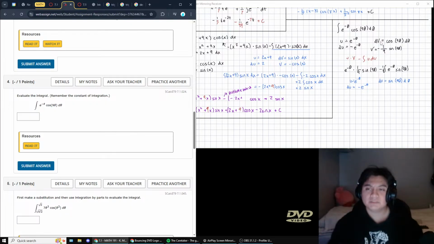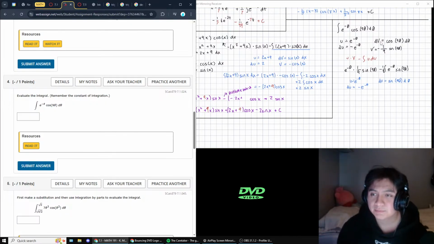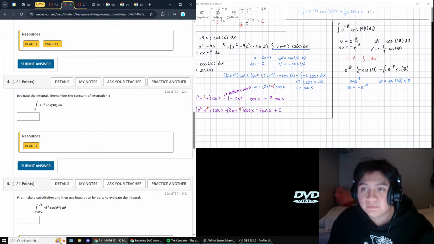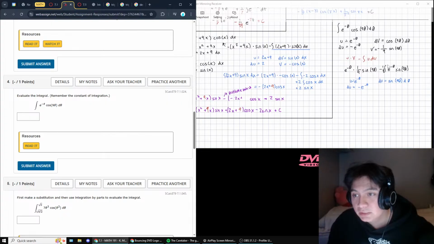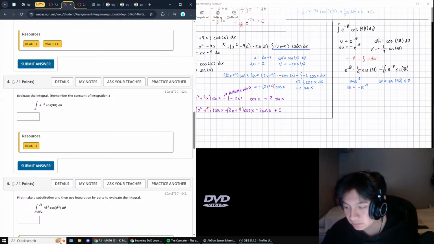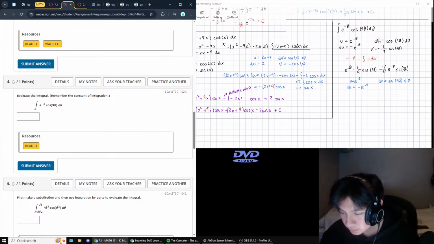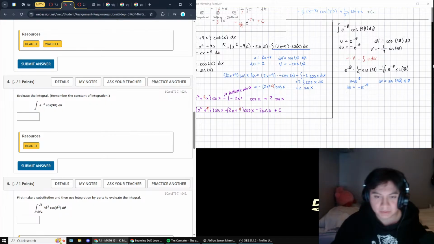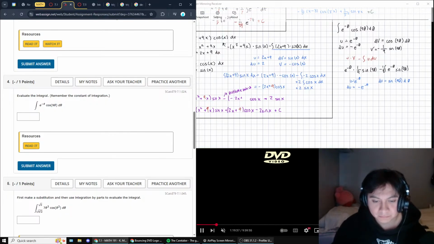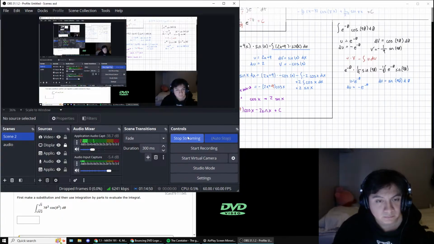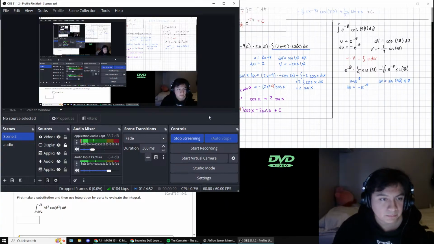I don't know if there's a specific reason why it should be. I think it's because if you integrate e here, you're just gonna go in circles. Like you're just gonna keep integrating e, if that makes sense. There should be a way to keep my chat open. I have no idea how to do that.